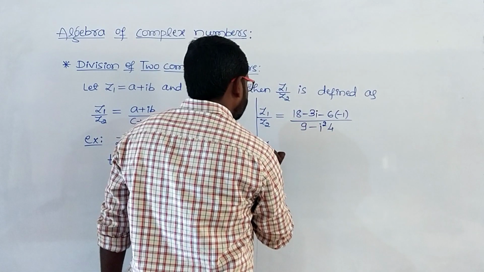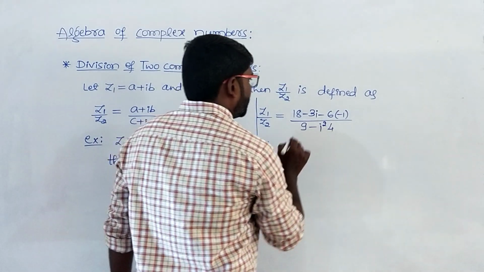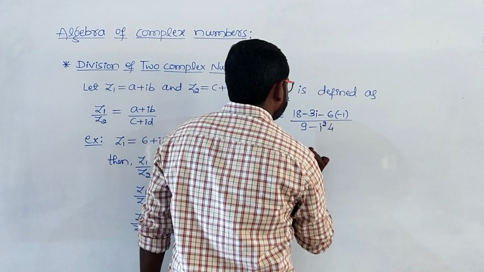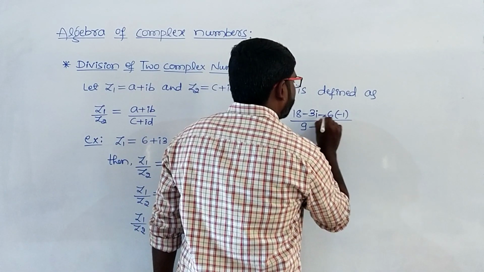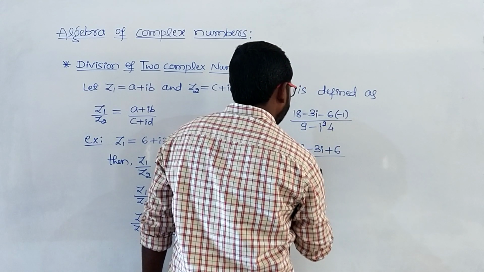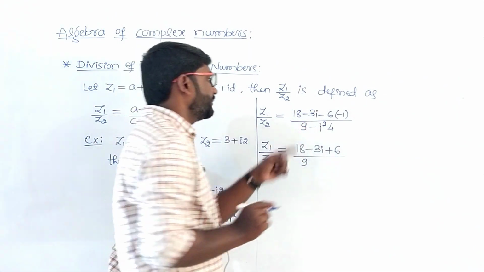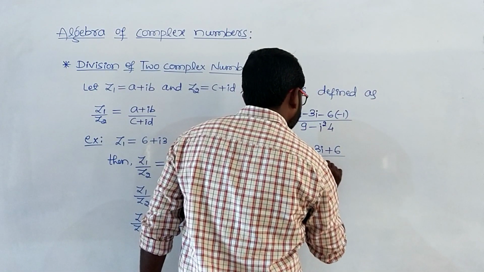Then z1 by z2 which is equals to, see here 18, write it as it is, then minus 3i, minus into minus it is plus 6 divided by 9, then I square it is minus 1, minus into minus will be plus, andre plus 4 ಆಗ್ತದೆ.